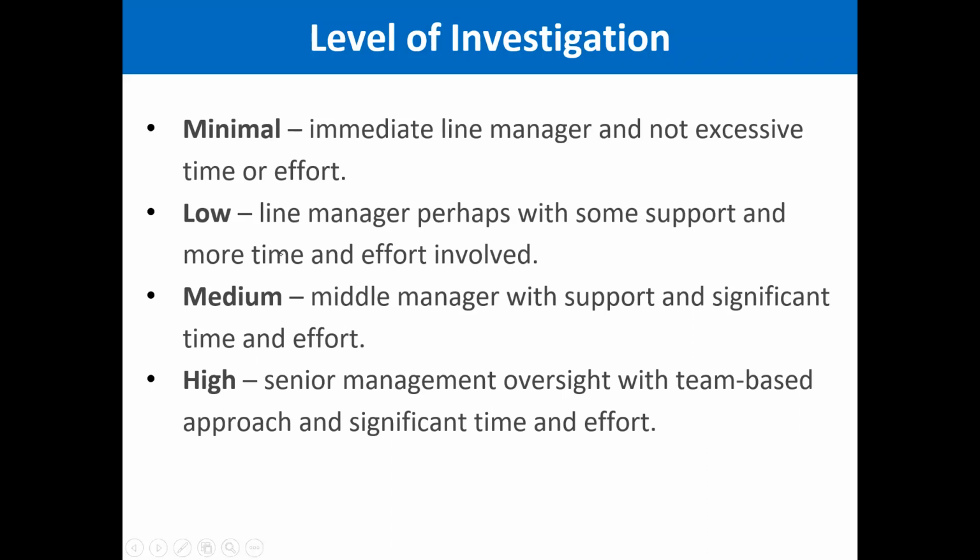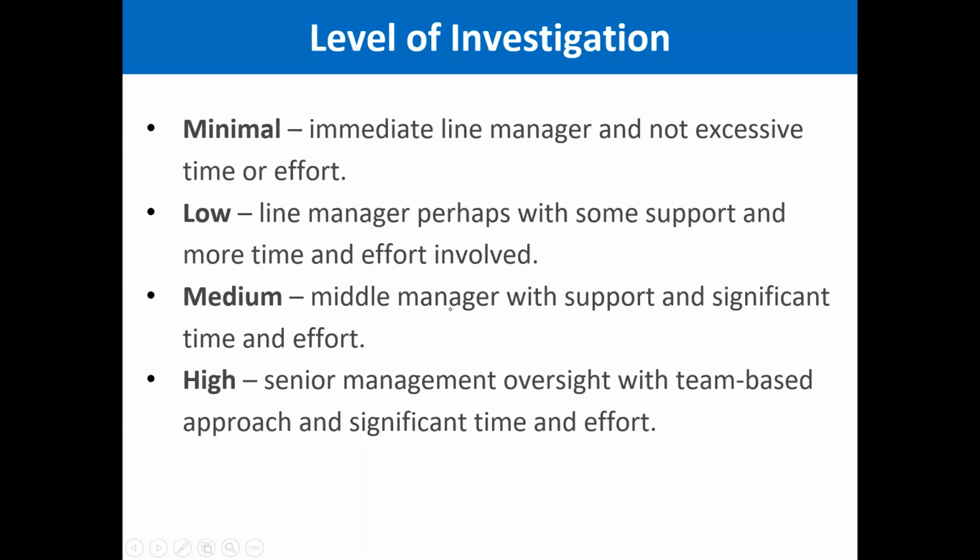Okay, so usually for minor incidents, minimal with low risk, only the immediate line manager can do the minimal investigation, and it does not require excessive time or effort. Then if there is slightly higher risk, you can increase it to low. The line manager will perhaps need some support and more time and effort will be involved. Medium, this is some serious incident. Somebody gets a broken arm or some other major injury.